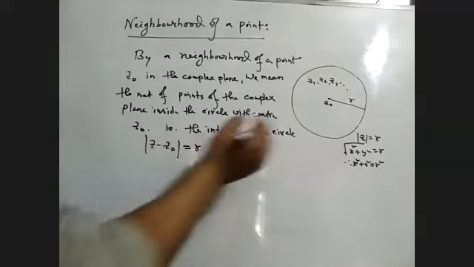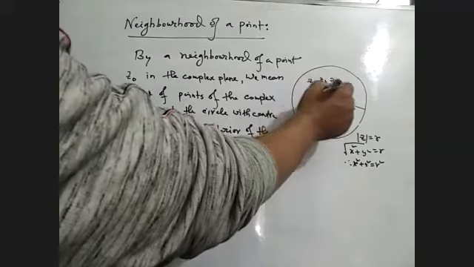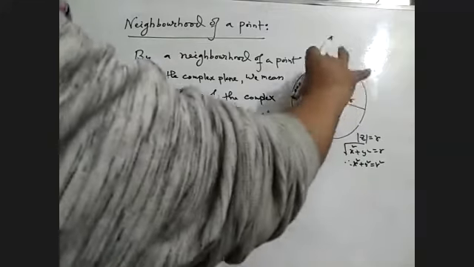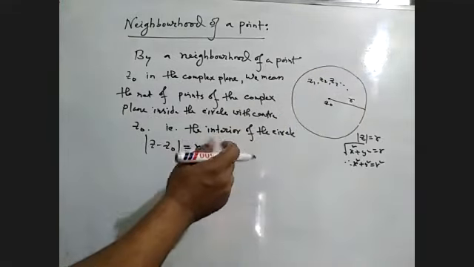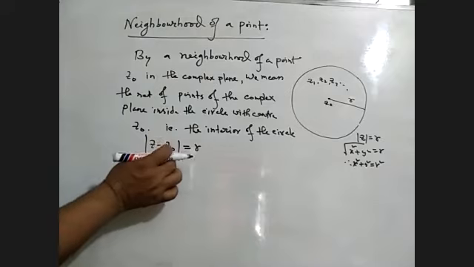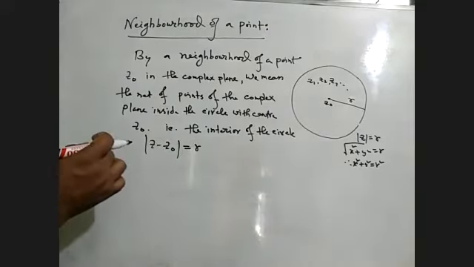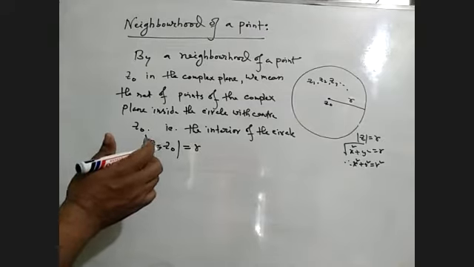This is the distance between z naught and z1, z1 minus z naught, z2 minus z naught, z3 minus z naught. That means all distances lie inside the circle, because all distances are less than r.